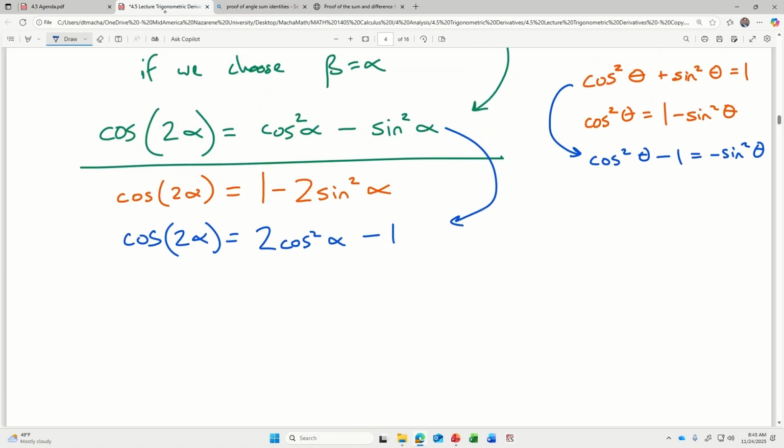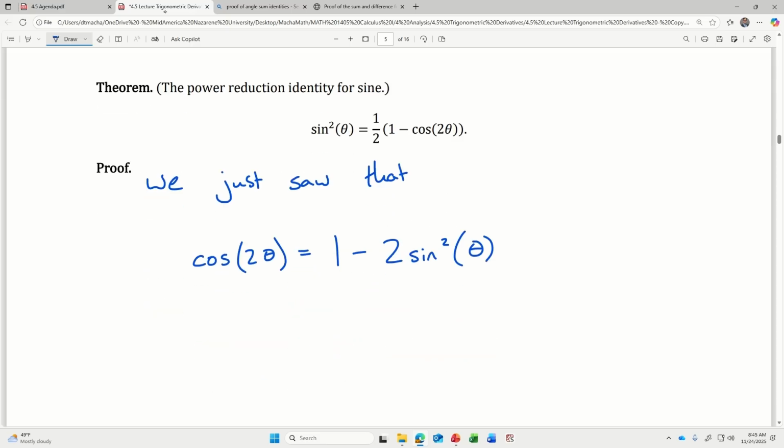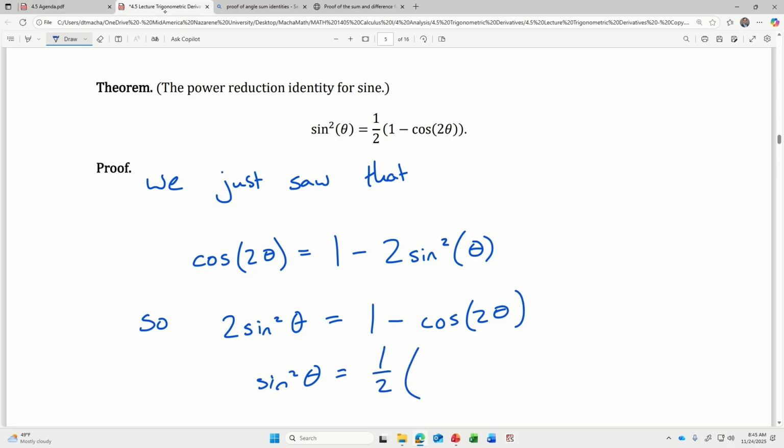That was here in orange. So solve this equation for sine squared, right? What I mean is we get 2 sine squared theta is equal to 1 minus cosine 2 theta, and then divide both sides by 2. When we divide both sides by 2 or multiply both sides by 1/2, we get the identity we're trying to get. So again, a nice short proof that we're slowly building up by putting together trig identities.